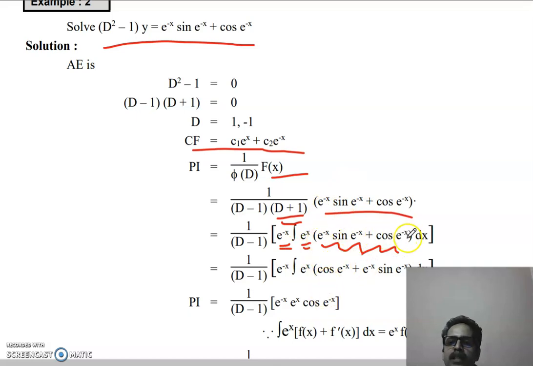When you multiply this bracket, no, we don't require any multiplication, just arrange. We write this term as the first term and the first term as the second term. You will find that this integral will have this type.